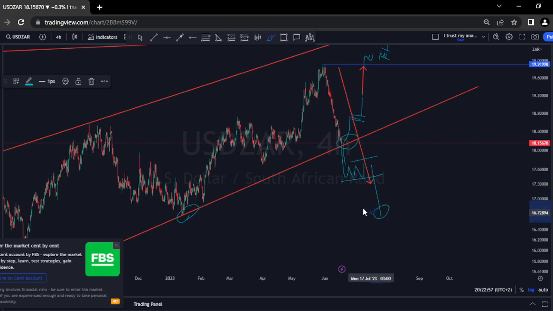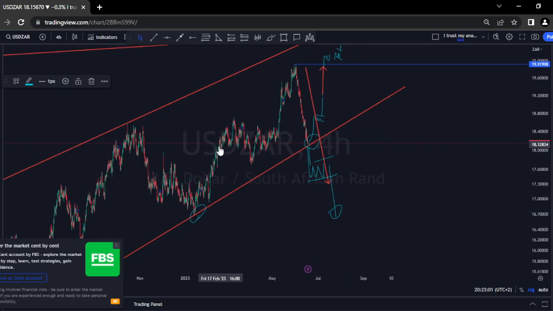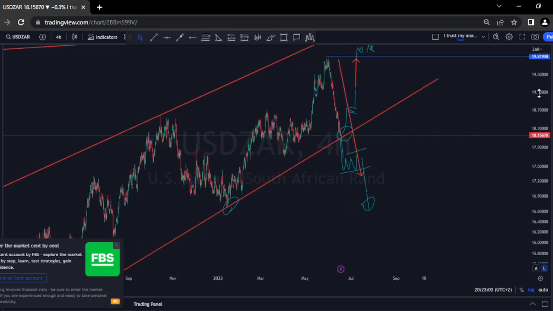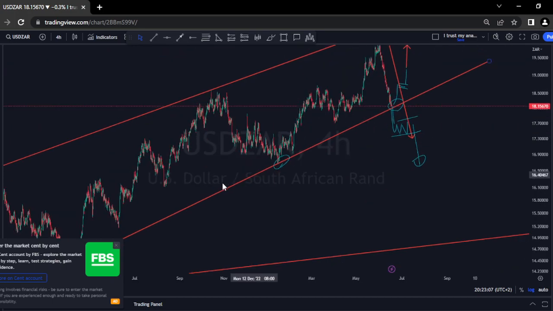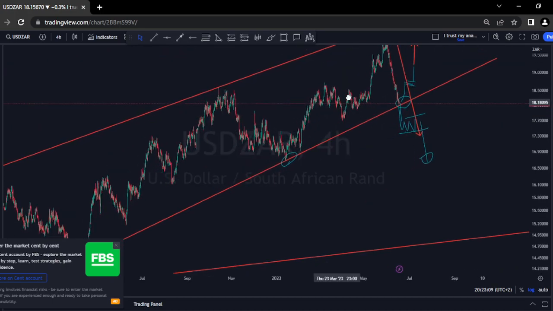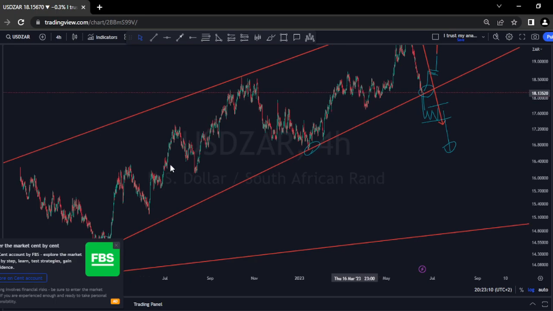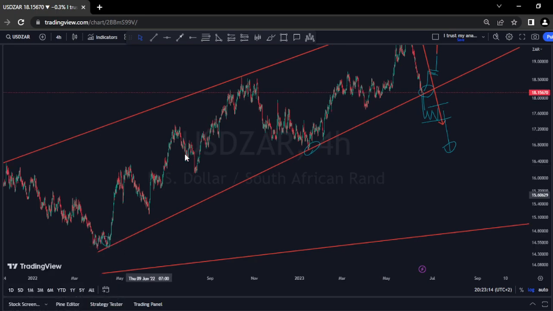And since, ladies and gentlemen, should this sell play out, this is going to be a very long push to the downside. And according to this pattern, we usually take our profits at the start.